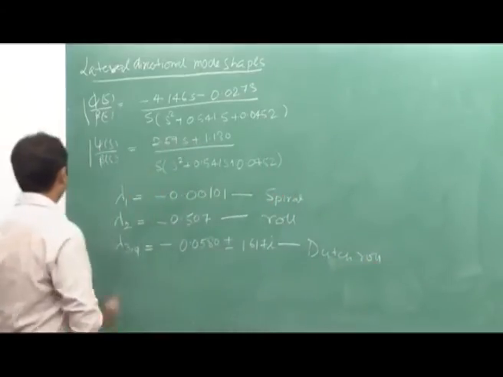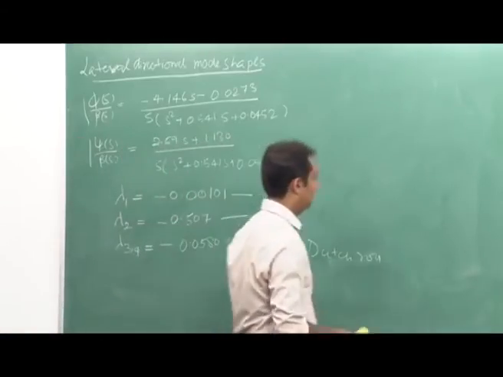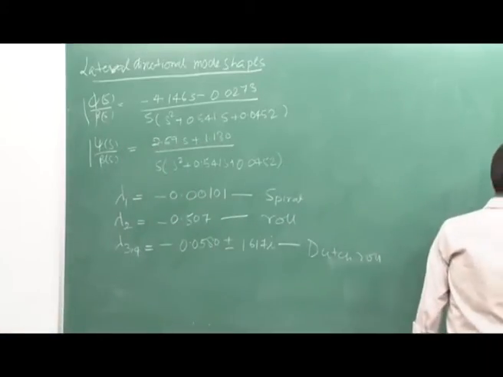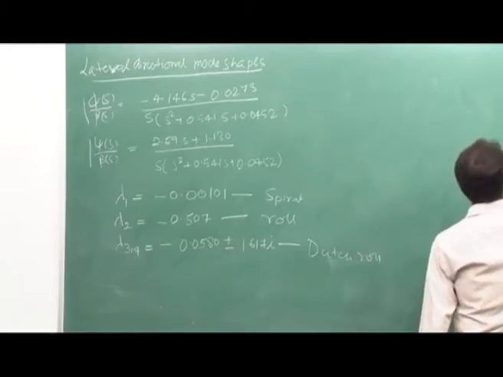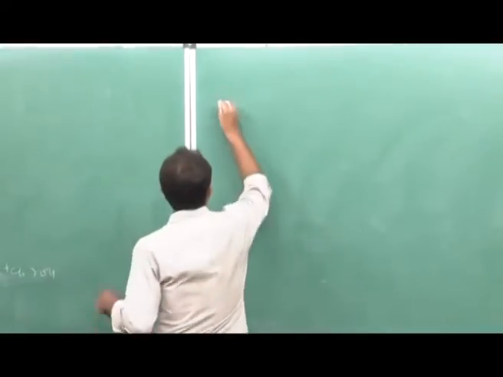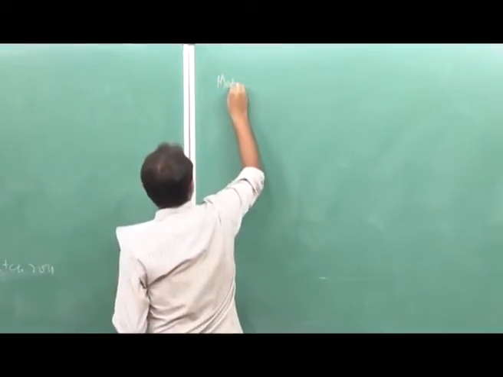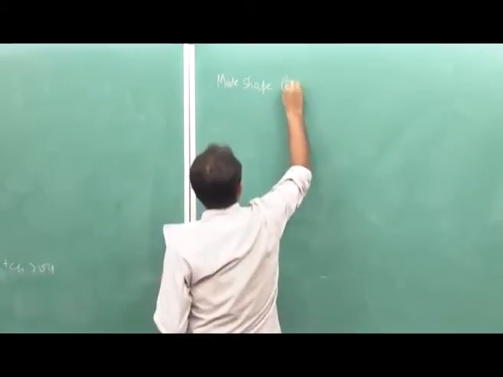So evaluating these ratios at each of these roots, you will get the mode shapes for spiral, roll, and Dutch roll. Let us first see the mode shape for the spiral mode.